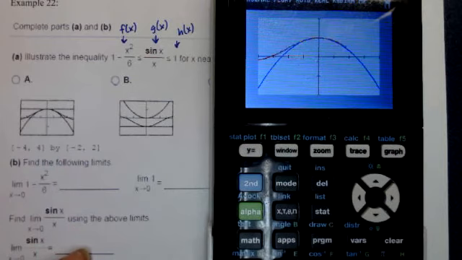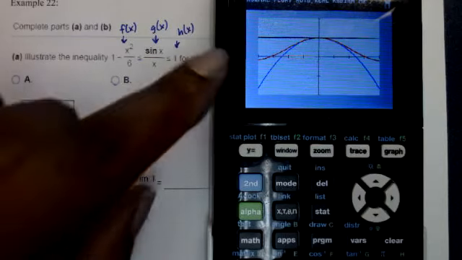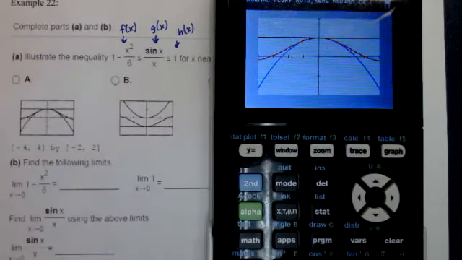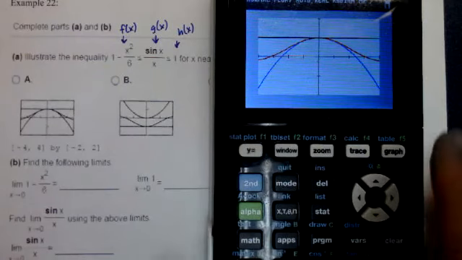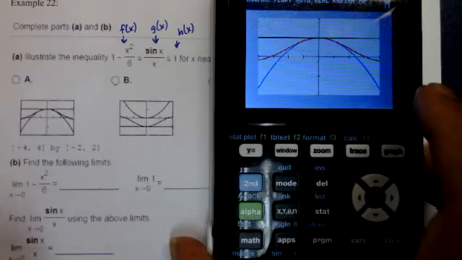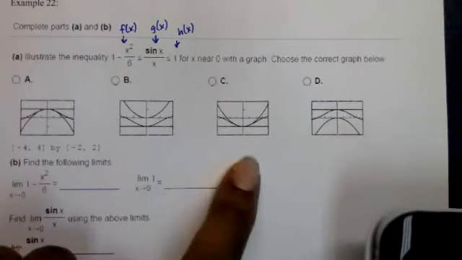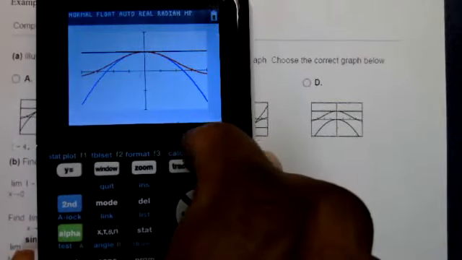The one on the bottom that you saw was 1 minus x squared over 6. The one here is that g of x being sine of x over x, and then the one for h of x will be 1. Okay, so we're going to pick one of these that fits this.